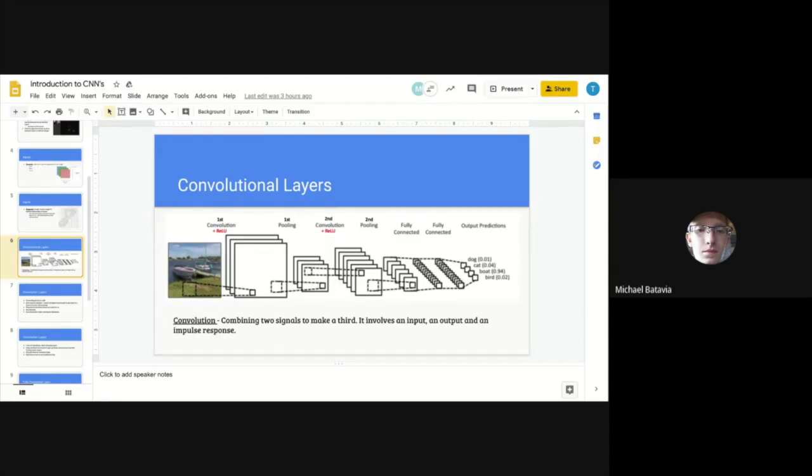You typically have two Conv2Ds, and then you put a max pooling layer, because by now you've built up a lot of huge and small numbers from your convolutions, and you want to limit the dimensionality so there's not too much math overflow and it's not taking too much time.